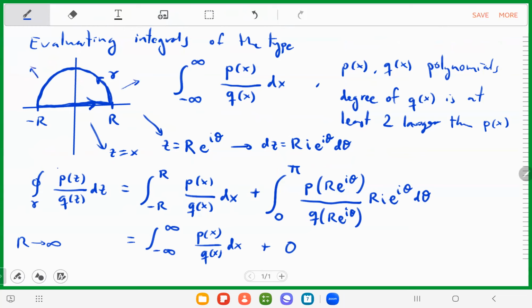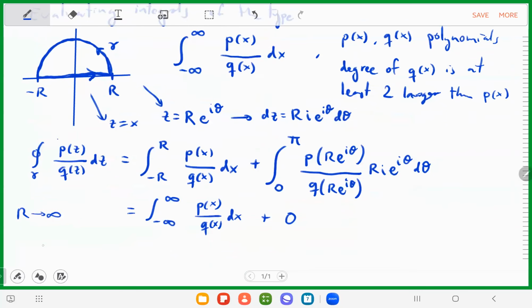The contour will get larger in every direction, and the semicircle will become an infinite semicircle, with its inside becoming the whole upper half plane. Everything on the upper half plane will be inside the contour, and everything on the lower half plane will be outside of the contour.